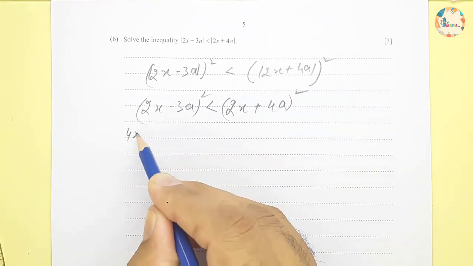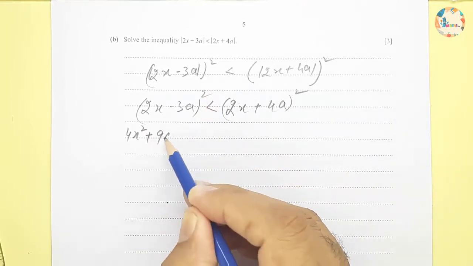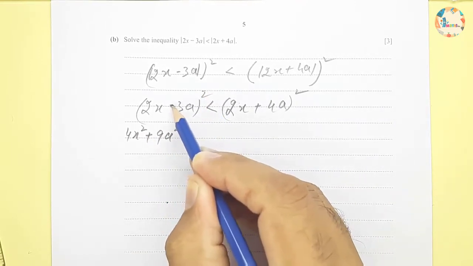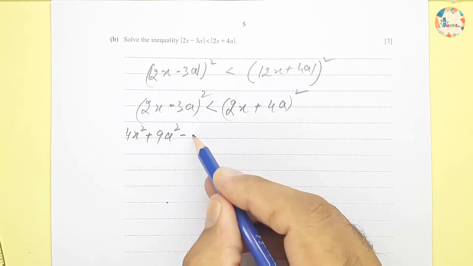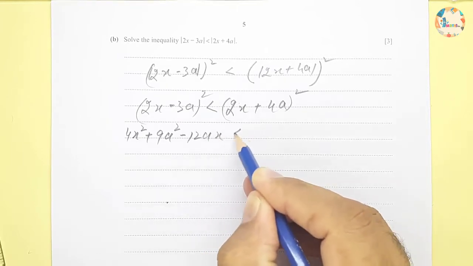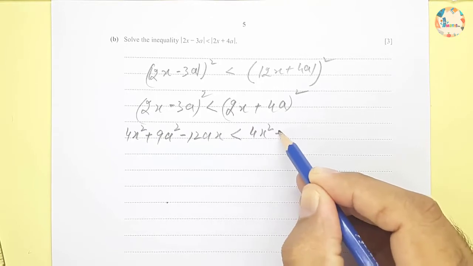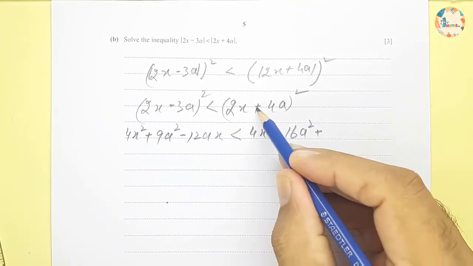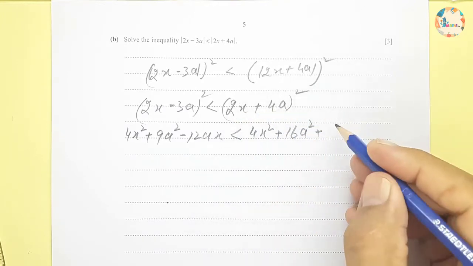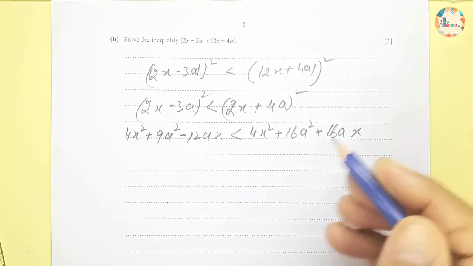This will be 4x squared, opening the square, plus 9a squared and minus, this will be 2 into 2 is 4, 4 into 3 is 12, so 12ax is less than, similarly opening the square on this side, 4x squared plus 16a squared, plus because this is plus, so 2 into 2 is 4, 4 into 4 is 16, so 16ax. This will be this side.